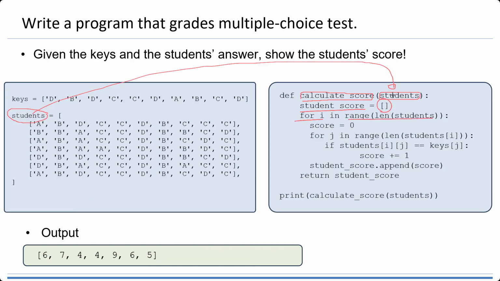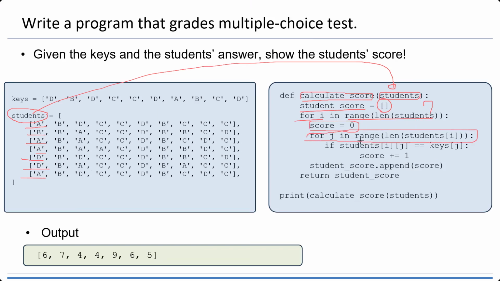The length of the students means we have 1, 2, 3, 4, 5, 6, 7. Okay, there are 7 students. Then the range will be from 0 until 6. Now let's set the score equal to 0. For student number 1, let's check.